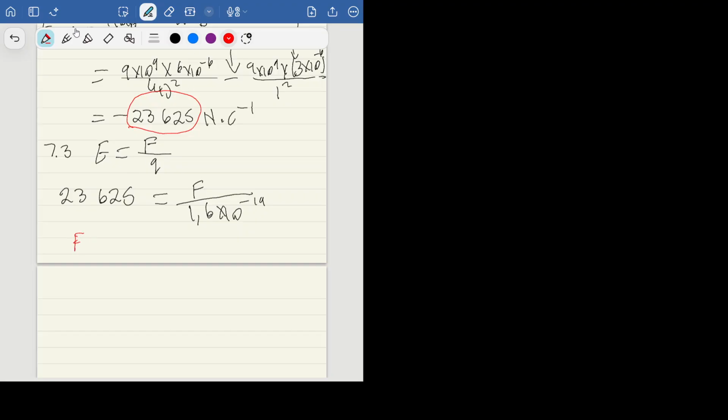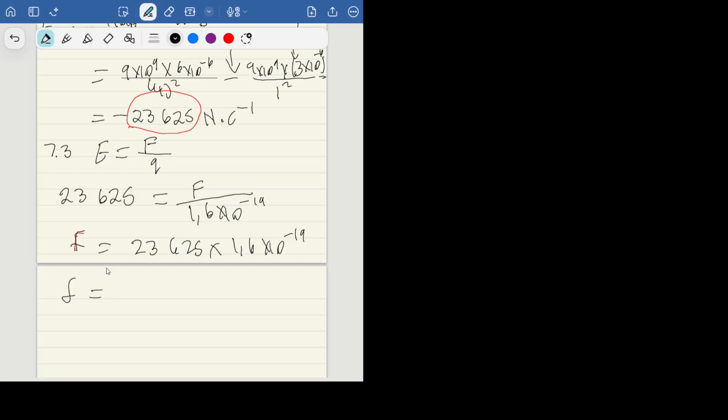So now the force F will be equal to 23,625 multiplied by 1.6 times 10 to the power of minus 19.